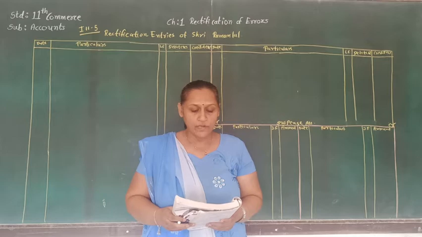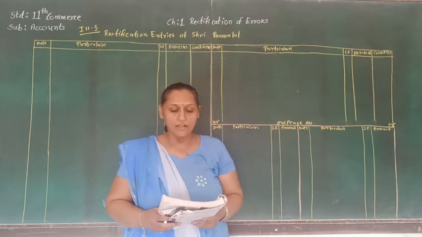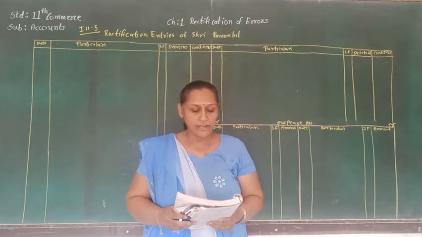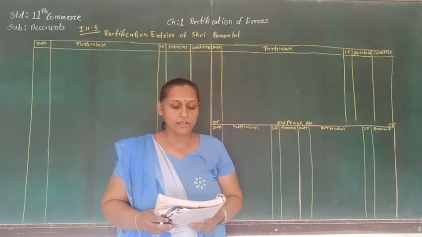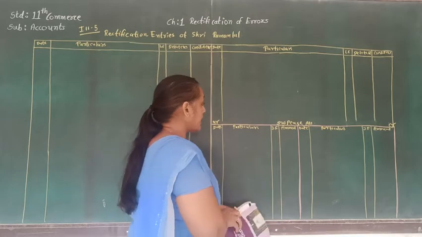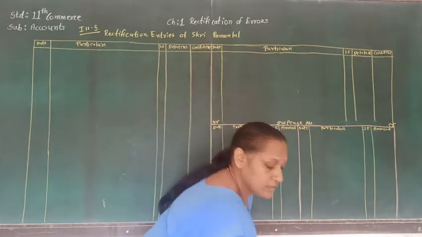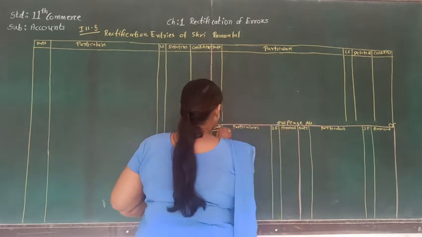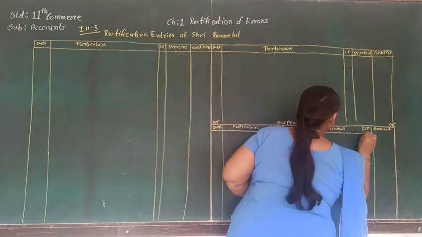As on 31st December 2014, the trial balance of Raman Lal does not tally, and therefore he has written a difference of 576 on the credit of suspense account. So here there is a difference in the suspense account of 576 on the credit side.